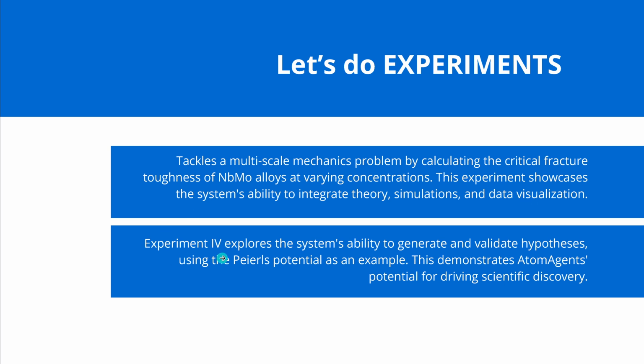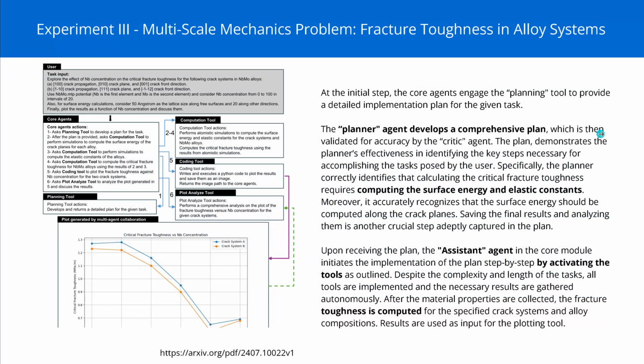And then experiment 4, this is not the most complicated, will explore the system's ability to generate and validate new hypotheses using Pyle's potential, never mind. And this will demonstrate the AtomAgents' potential for driving scientific discovery. And is it able to be much faster than humans? If humans code and humans perform this thinking, can we really accelerate the discovery process for new materials?